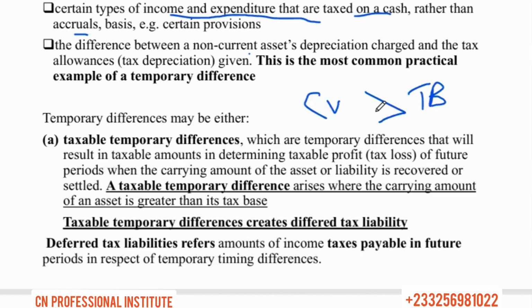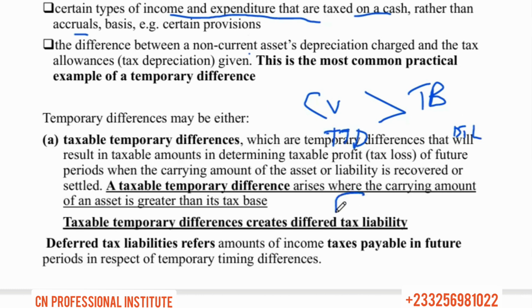So when the carrying value is bigger than the tax base, we have what we call taxable temporary difference. And it will create a deferred tax liability. Don't forget, if the carrying value of an asset is bigger than the tax base, it creates a taxable temporary difference, which will turn into a deferred tax liability.